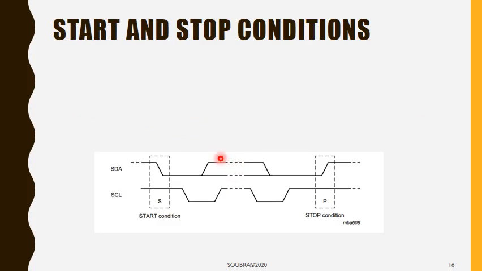Alrighty, so if the data should be stable whenever the clock is high, how do I mark the start and the stop conditions? Because remember, whatever the protocol is, I need some way to coordinate the beginning and the end of the transmission, or at least of one packet, but in this case the end of the whole transmission. So remember, for the data to be valid, no changes are allowed while the clock is at a high level.